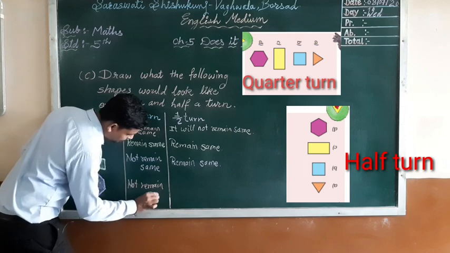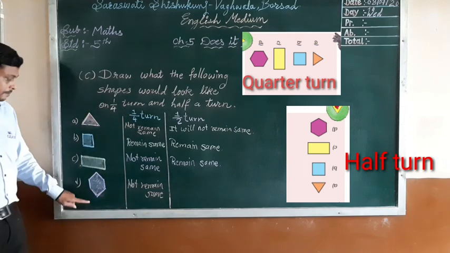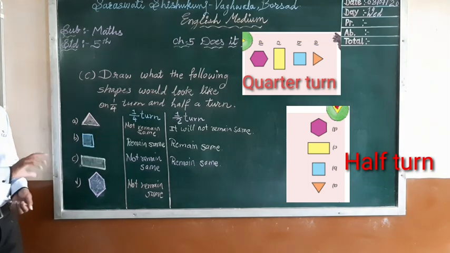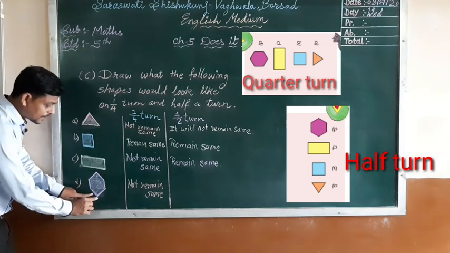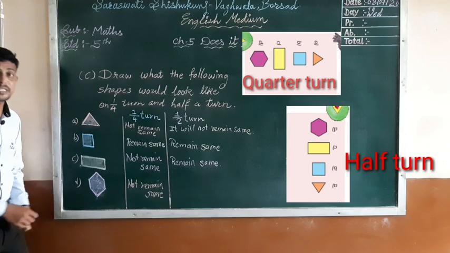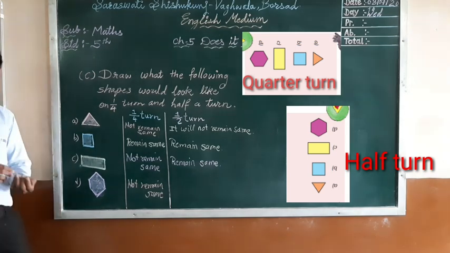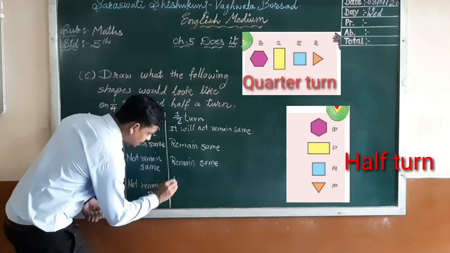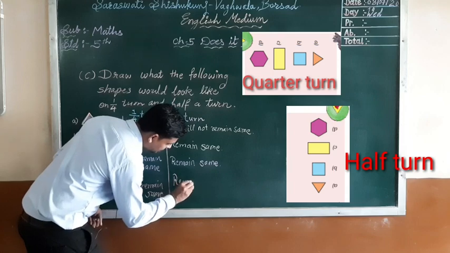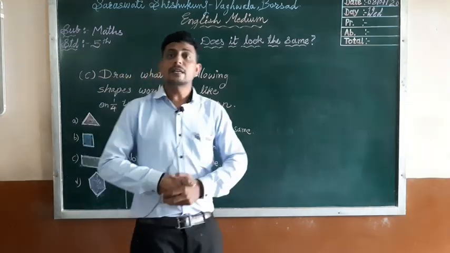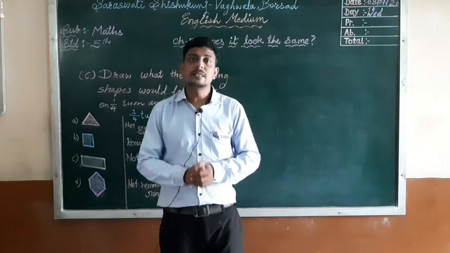And whether it will remain the same in a half turn? If we do a half turn, then this side will come upside and this side will come downside, means it will look as it is. So it will remain the same. So we can write remain same. Hope you have understood all the topics of today. Thank you.